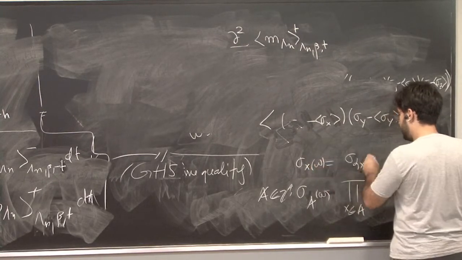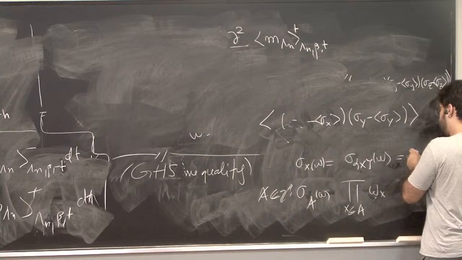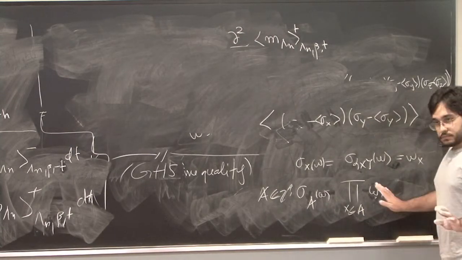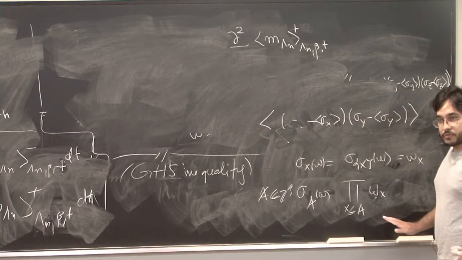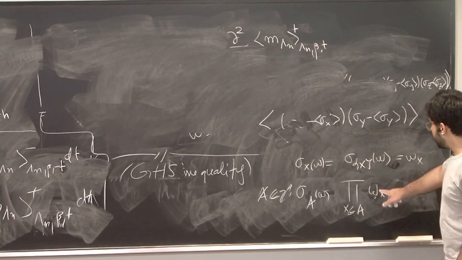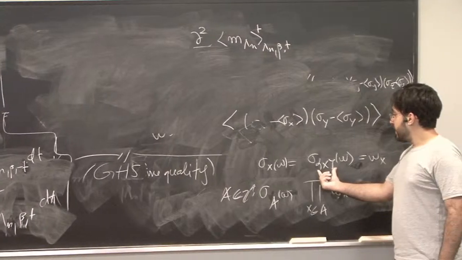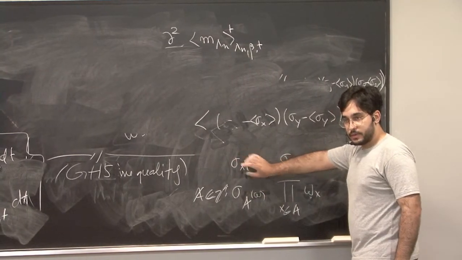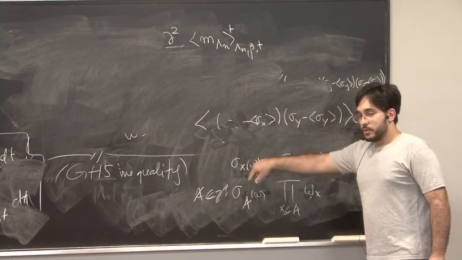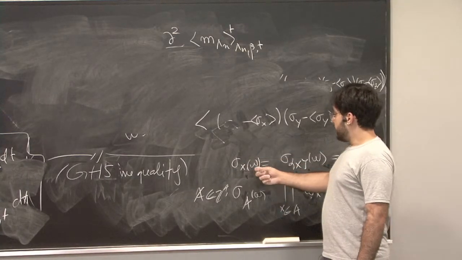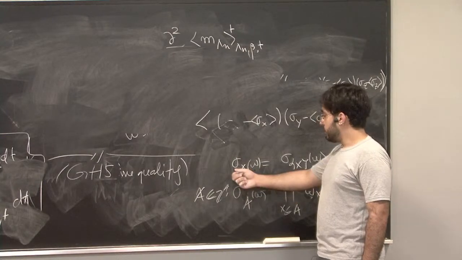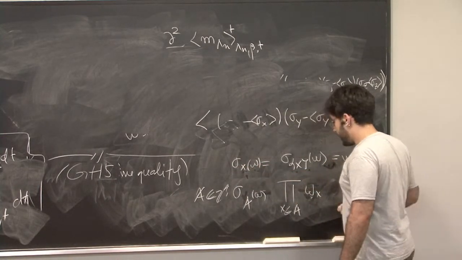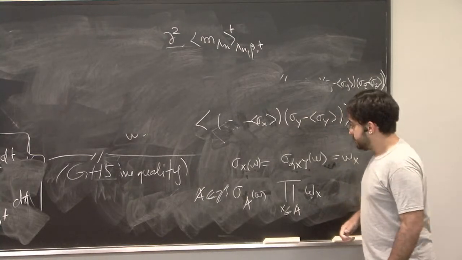So this should be written like this. Just abuse of notation. Instead of writing x as a set, I'm just putting the x right here. And this usually denotes the function that, given the configuration, gives me the value of the spin at omega x, okay?